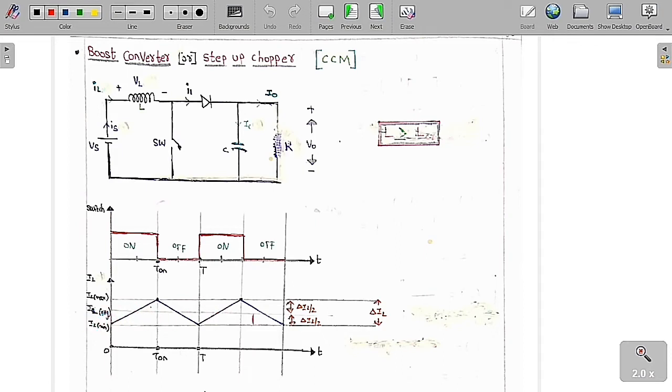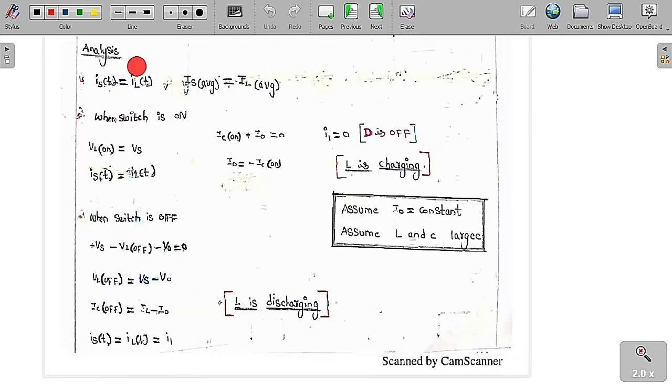Therefore we can say that IL minimum is equal to IL average minus delta IL by 2, and IL maximum is equal to IL average plus delta IL by 2, because it lies exactly between them. So this is delta IL by 2 and this is delta IL by 2, but the overall ripple is delta IL. Now we are going to analyze further.